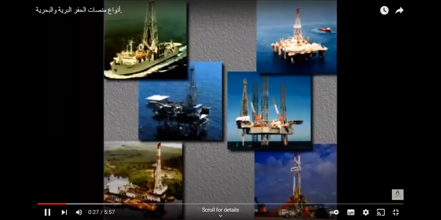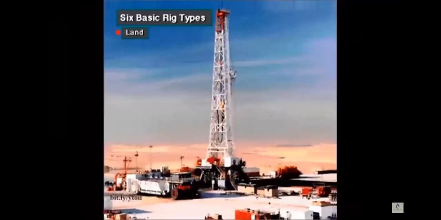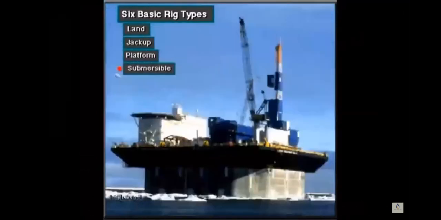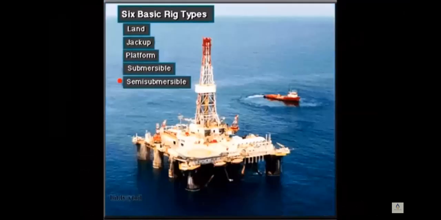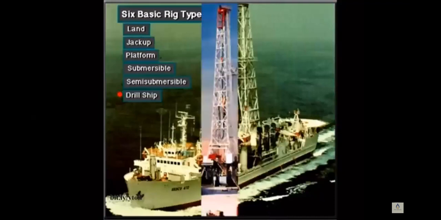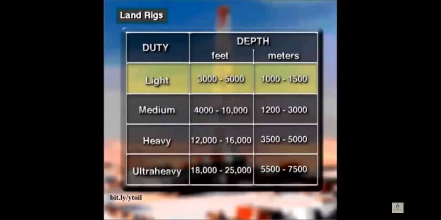People in the oil industry group rigs into 6 basic types: land, jackup, platform, submersible, semi-submersible, and drill ship. A land rig drills on dry land. They're the most common rig. Light-duty rigs drill holes from about 3,000 to 5,000 feet deep, or 1,000 to 1,500 meters.